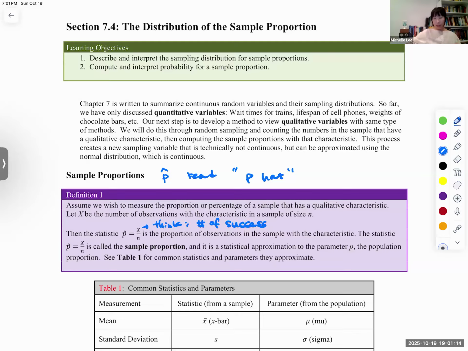Like what I said earlier, we have x bar, the sample mean, and we want to estimate the population mean, which is mu.